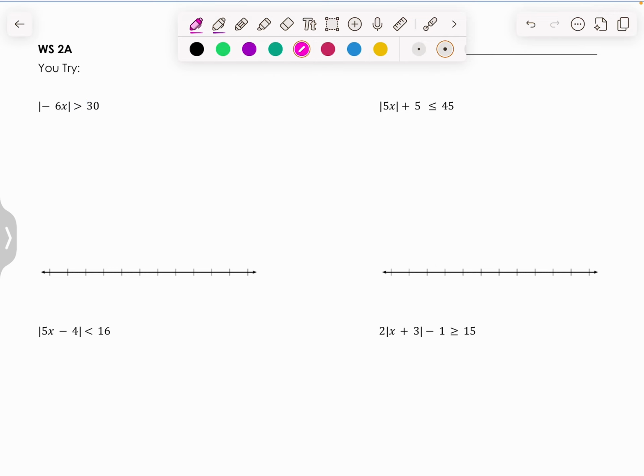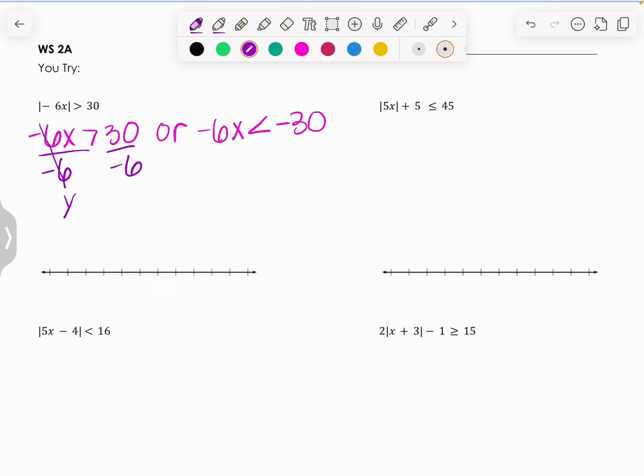So it's greater than, so you're going to use or. So then you're going to rewrite it as negative 6x is greater than 30, or negative 6x is less than negative 30. And then solve each one. And what I want you to remember is that when you multiply or divide, like you have to do in this one, by a negative number, you have to, hopefully you remember, flip the inequality symbol.